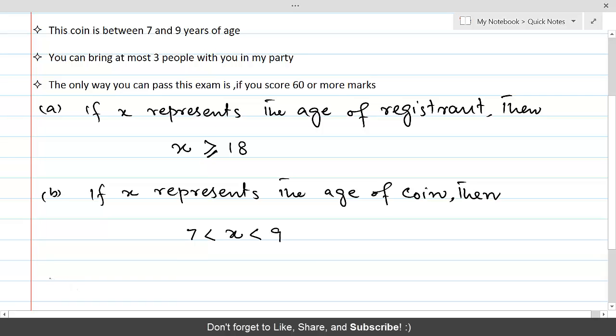The C part says you can bring at most 3 people with you in my party. So now let's define the variable.